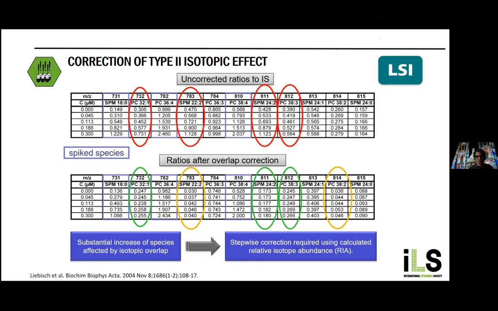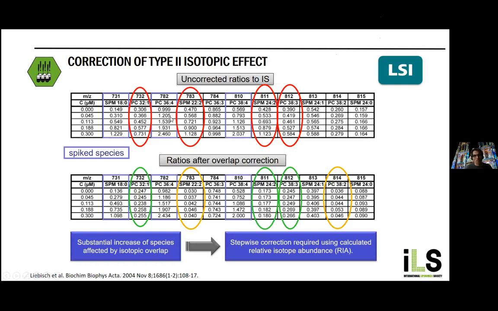So this is from ancient times. It's a triple quadrupole type of study, and there we used the precursor ion scan of 184, which means we get sphingomyelins and PCs.